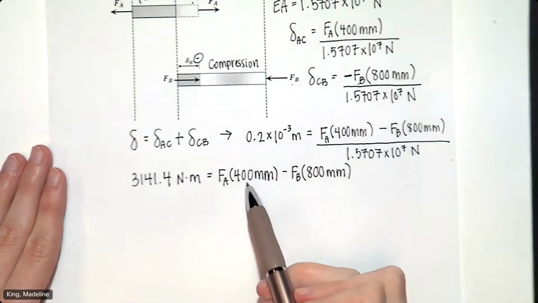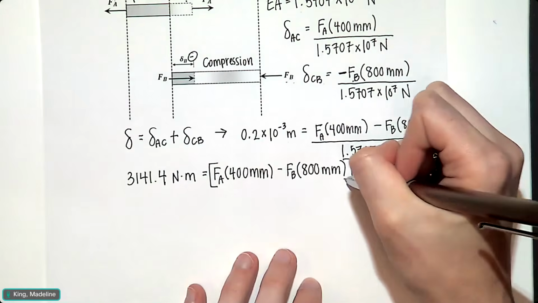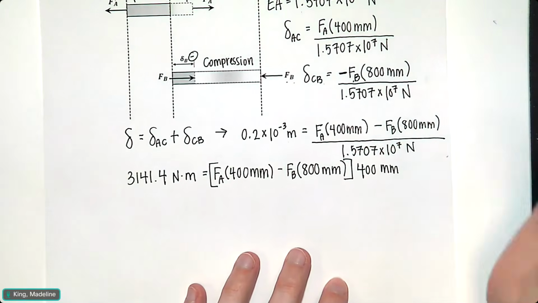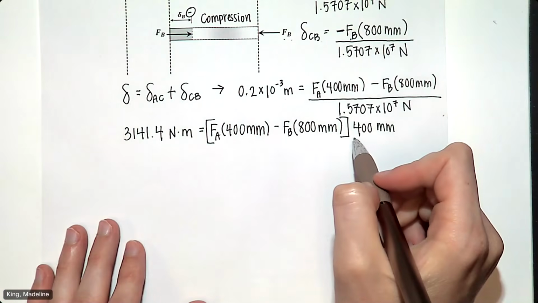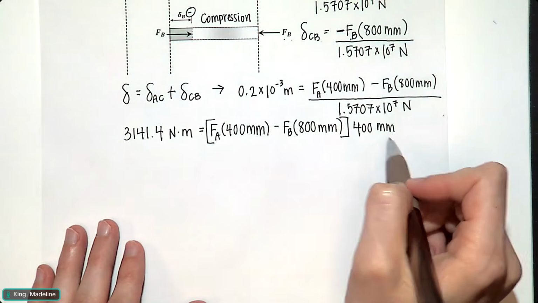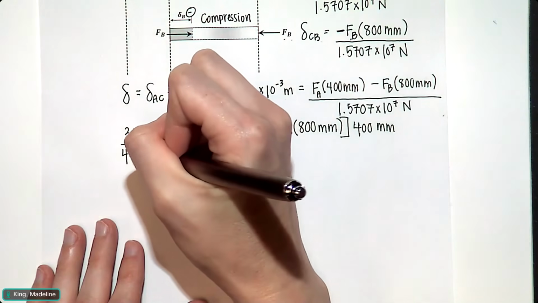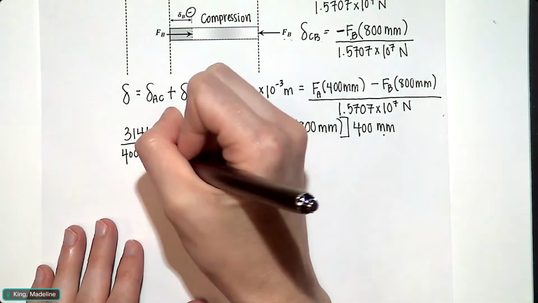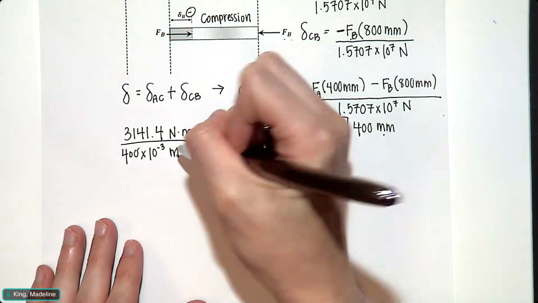I see that they have a common 400, so I'm going to take that out of there. So to get rid of this 400, divide by 400 on both sides. And because it's millimeters, I'm converting to meters, so times 10 to the negative 3 meters.